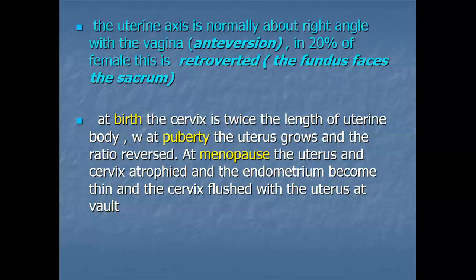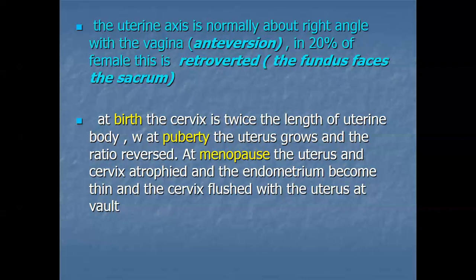At birth, the cervix is twice the length of the uterine body, and during puberty, the uterus will grow under the effect of the hormones secreted from the ovaries, and the uterus will become larger than the cervix.